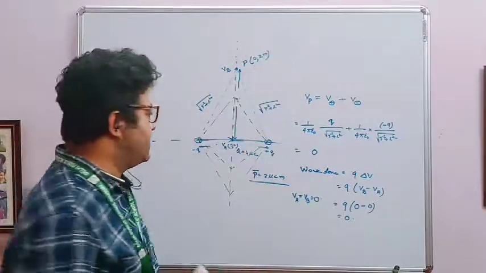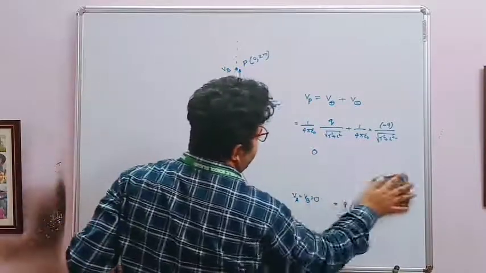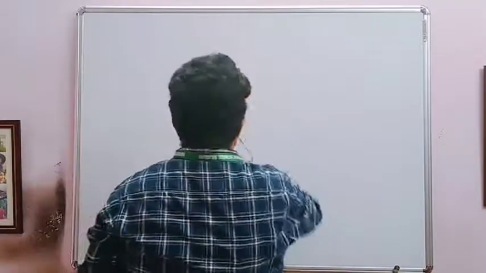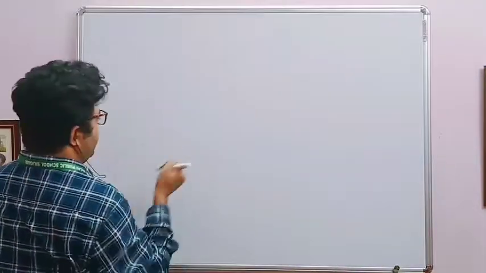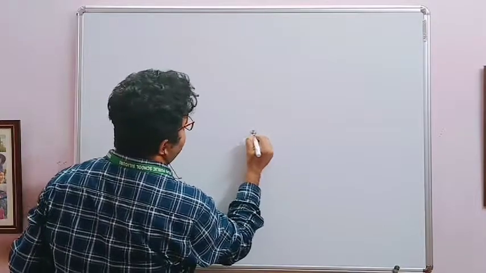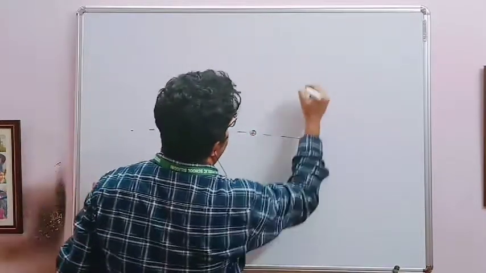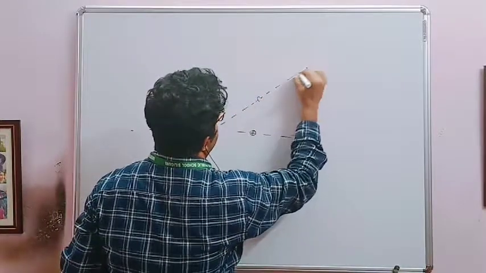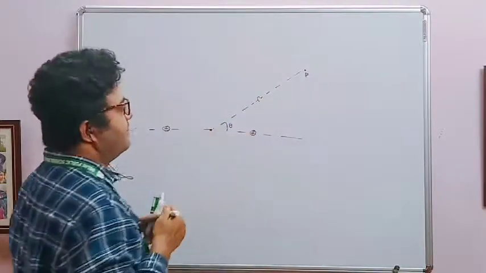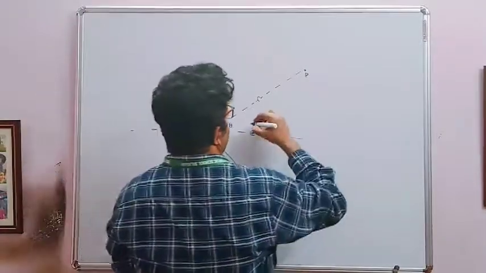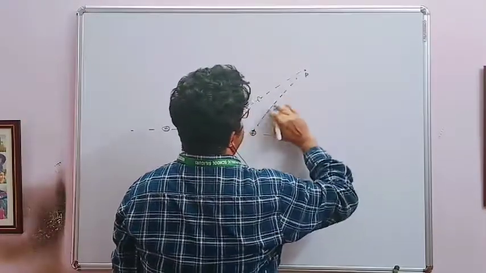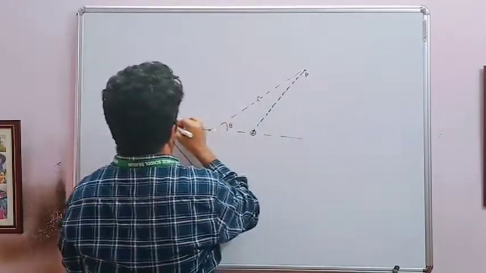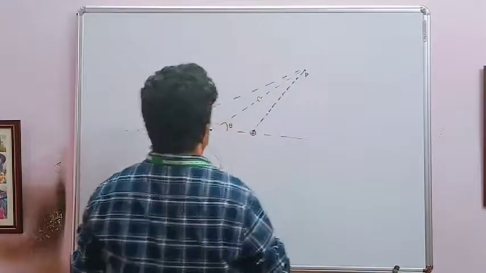My next topic is electric potential due to an electric dipole at any position. So you have a dipole, and P is a point at distance R from the center, and let this angle be theta.